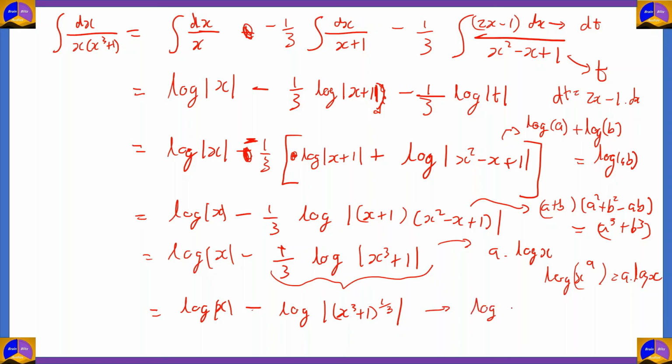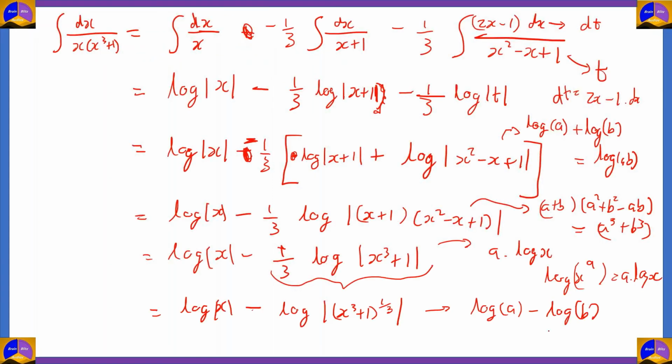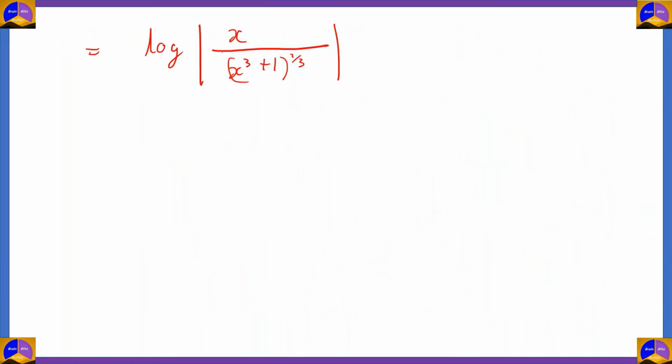Again, classic example of log a minus log b. So the final answer will be log mod x divided by x cubed plus 1, the whole raised to 1 by 3. Because log a minus log b will always be equal to log of a by b. And that is how you get your answer, log mod x divided by x cubed plus 1, the whole raised to 1 by 3, plus c.